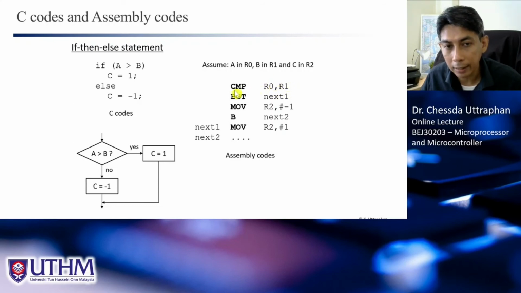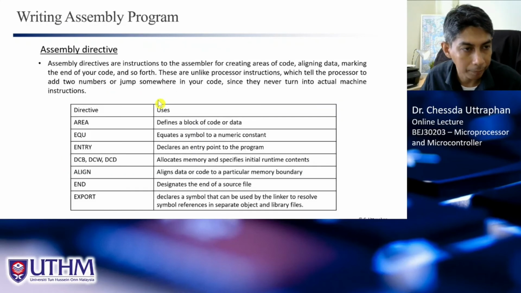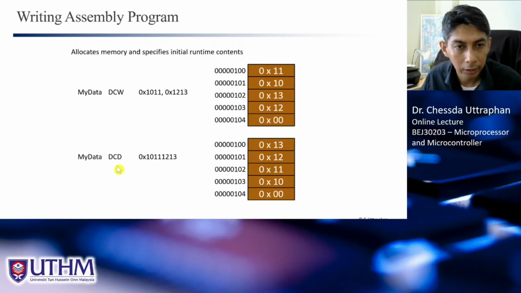So in this case, when we compare, and we check the result, if the result is greater, so we have this, right? Greater than, and the number is signed number, so we can use GT or BGT to branch.